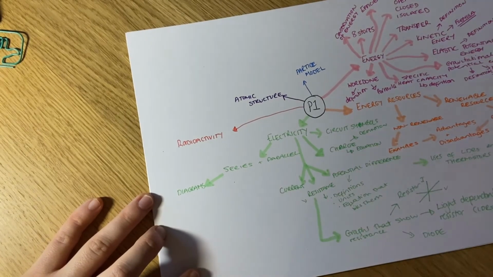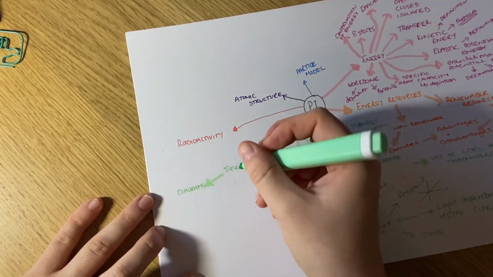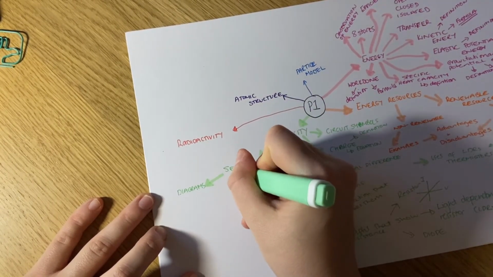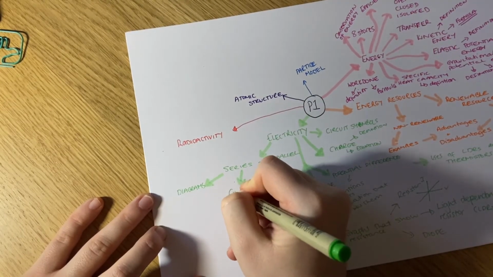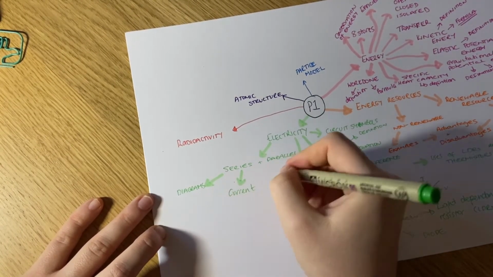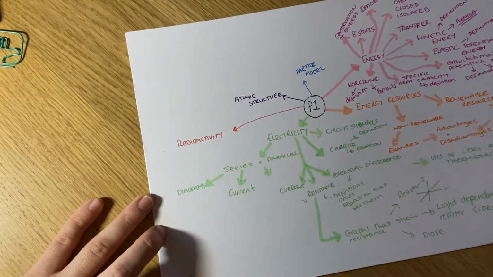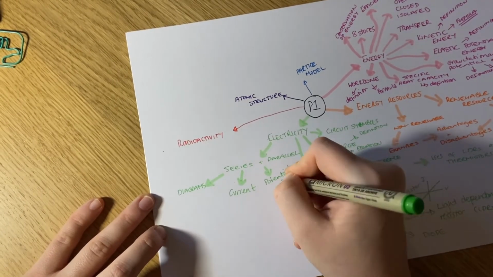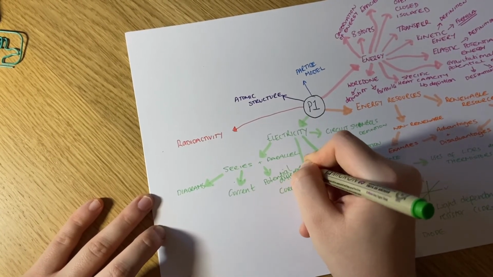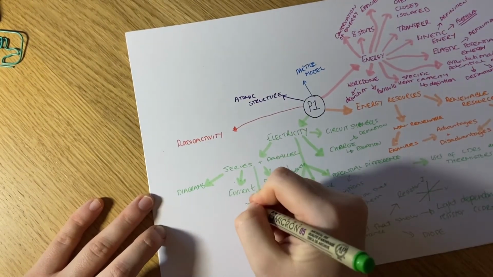You're going to need to know how different quantities, different things change depending on whether you're in a series or a parallel circuit. So you're going to need to know about how current behaves in series and in parallel, and how potential difference behaves in series and parallel. And obviously, if I'm doing those two, I'm also going to talk about resistance.